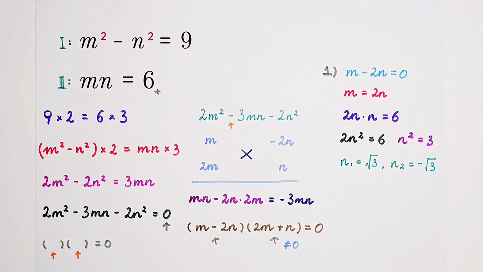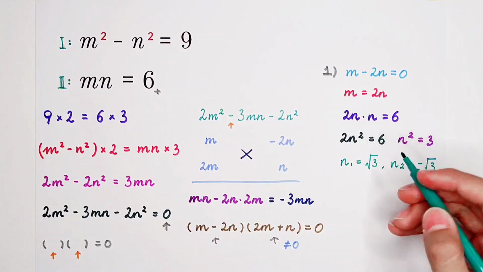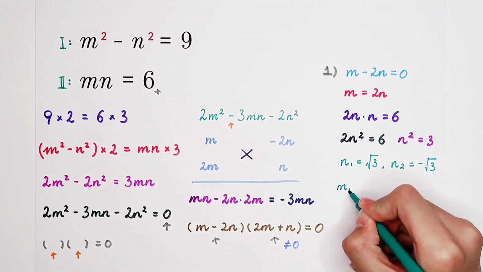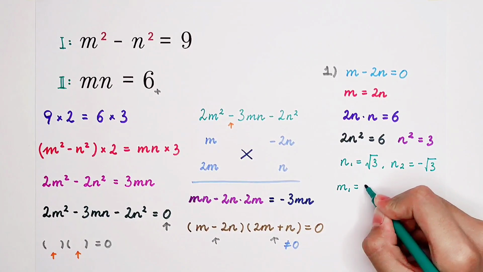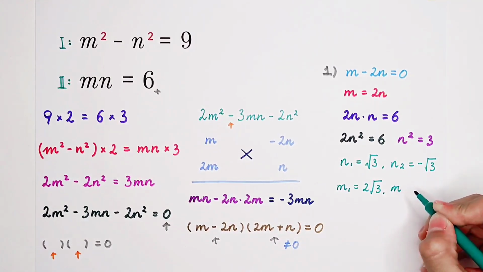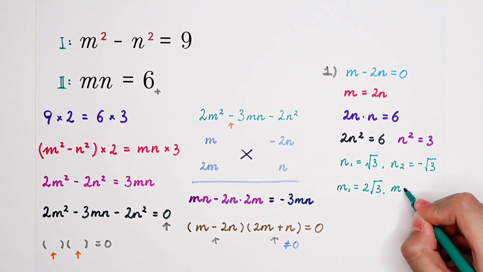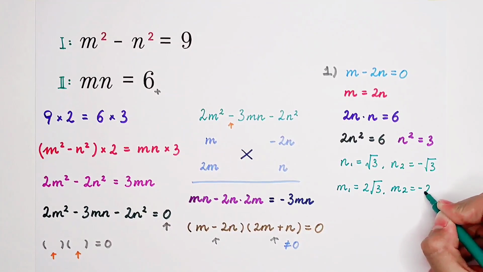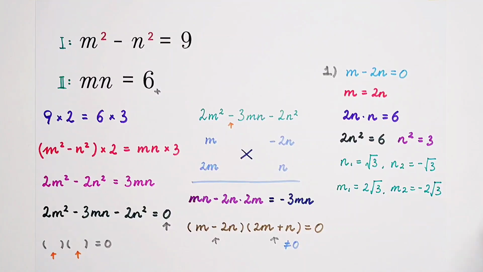So then, of course, m has also two possibilities. Here, m is equal to 2 times n. So m1 is 2 times square root of 3, m2 is negative 2 root 3.